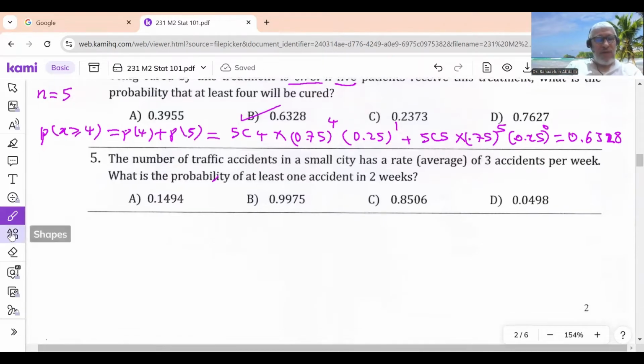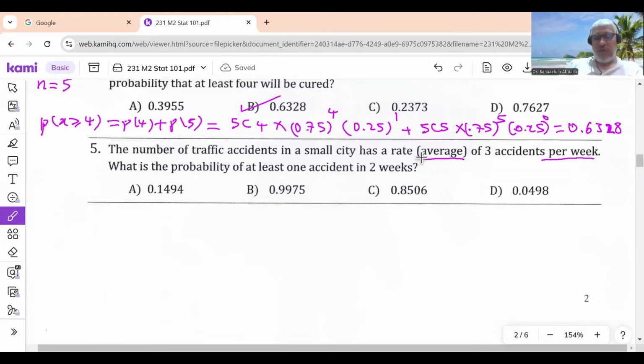Question 5. The number of traffic accidents in a small city has a rate or average of 3 accidents per week. When he says 3 accidents per week, you understand that this is a Poisson distribution, and that the average, which is lambda, is 3 per week.